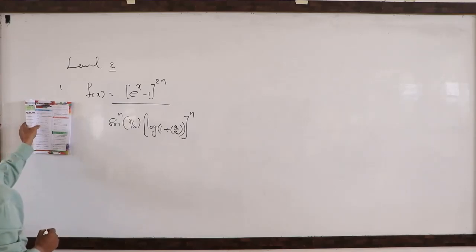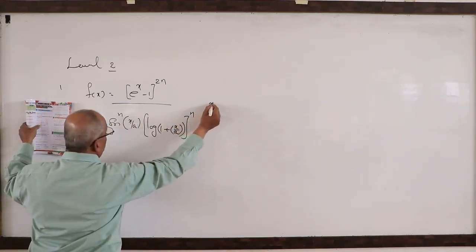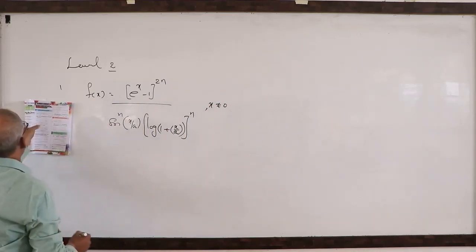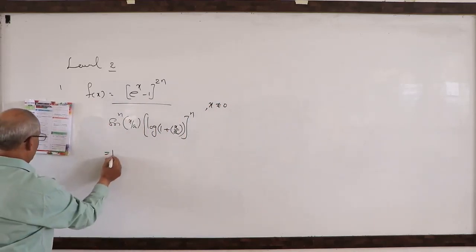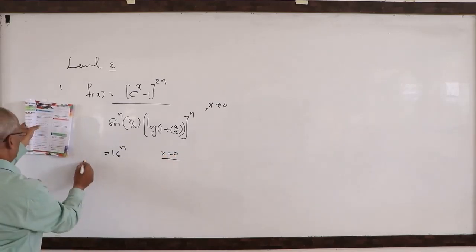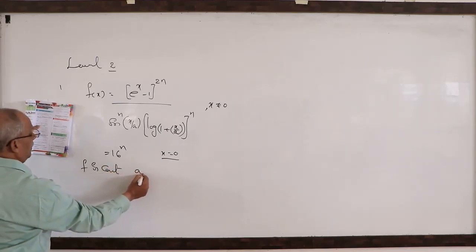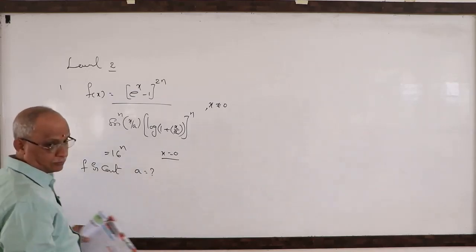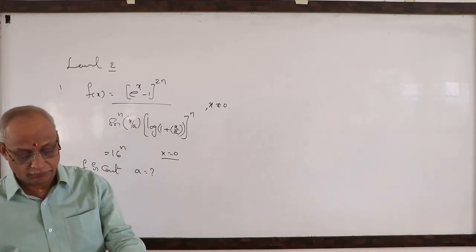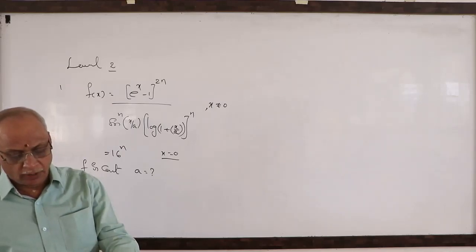That is the problem. For x not equal to 0, it is 16 power n when x is 0, meaning f of 0 value. If f is continuous, what is a value? The function is very big.